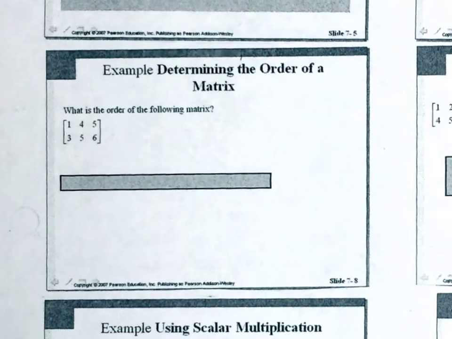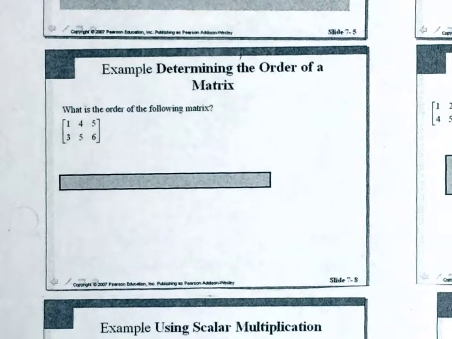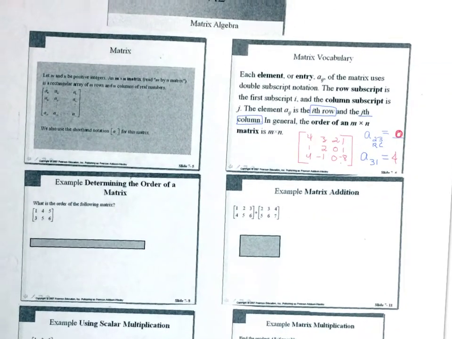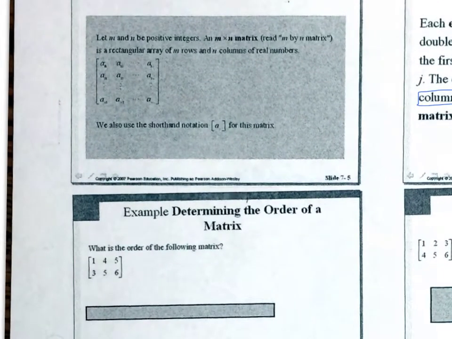Okay. So here it says, what is the order of the following matrix? Okay, when you give the order of a matrix, the order is an M by N. M is the rows, N is the columns. So when you give an M by N, I need to know how many rows I have and how many columns I have.